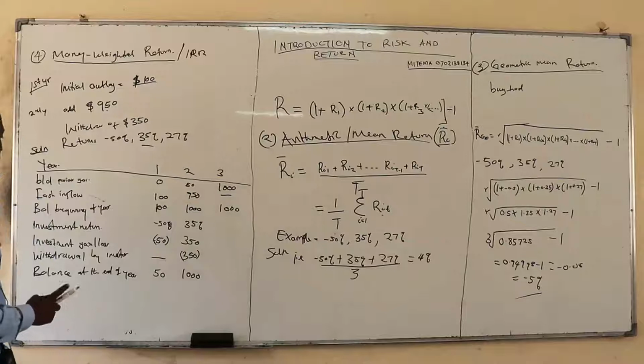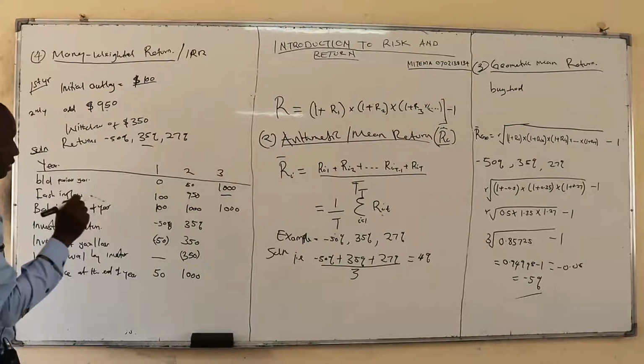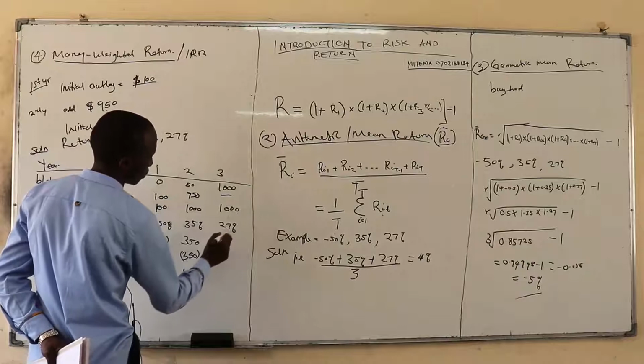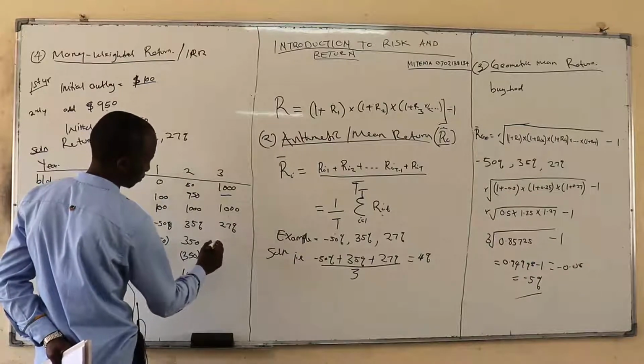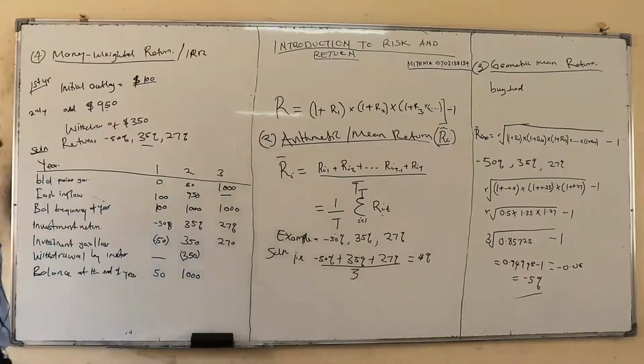And the investment return, we are told from the returns we had previously, is 27%. So it's a 27% return. When you calculate it, in terms of amount it is $270. Again, this year the investor did not withdraw any amount of money from the fund, so there was no withdrawal.